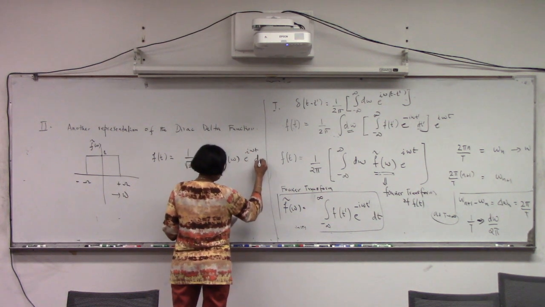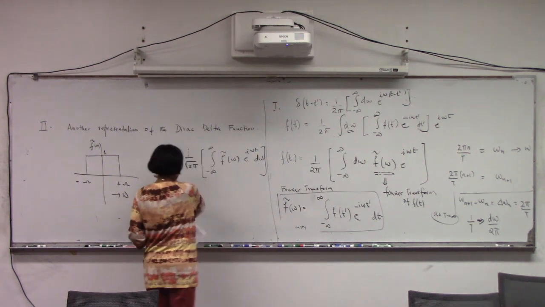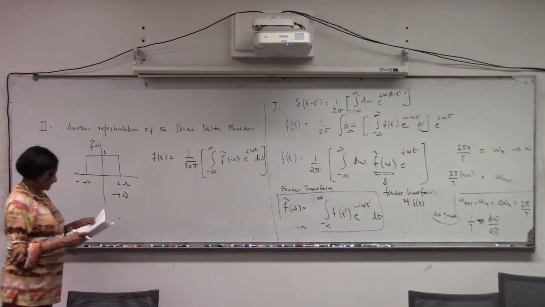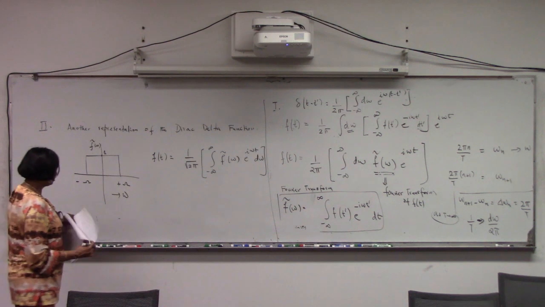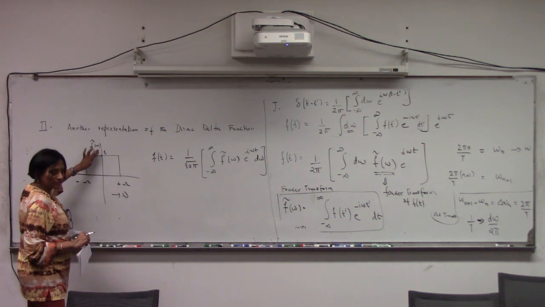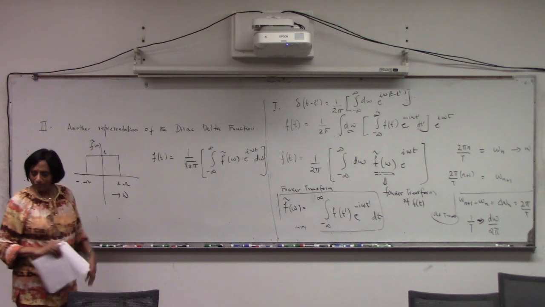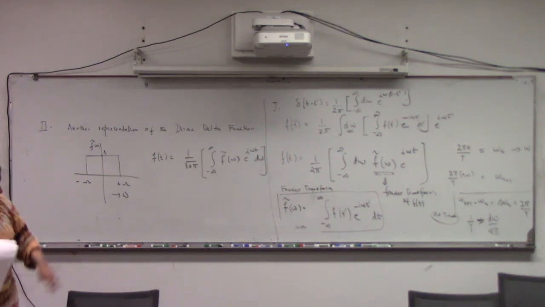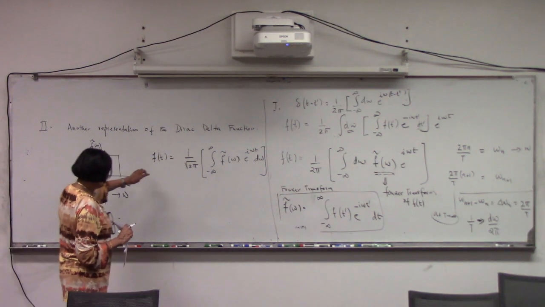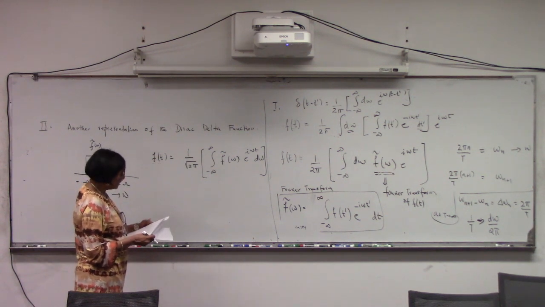I have to integrate over omega because the function on the left hand side is a function of t, right? So if I want to go from this omega space to see what the function is, the inverse Fourier transform, whatever you want to call it, the function represented in the other space, the dual space, t space.